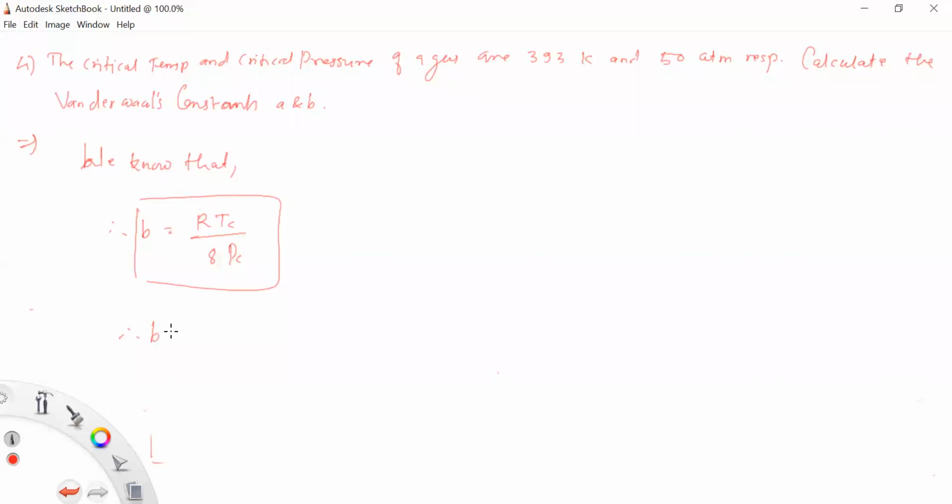So B is equal to R, आर आपल्याला दिलेला आहे तो किती आहे तर 8.314, that is joule per kelvin per mole, right? So this is R.